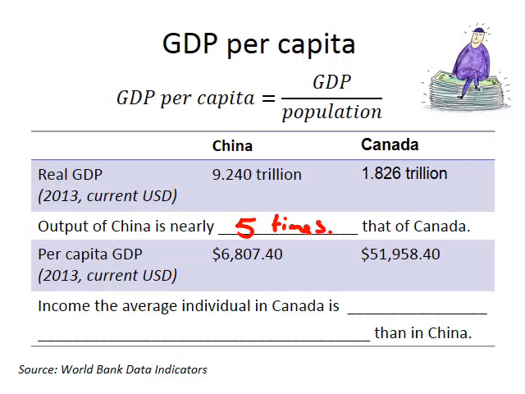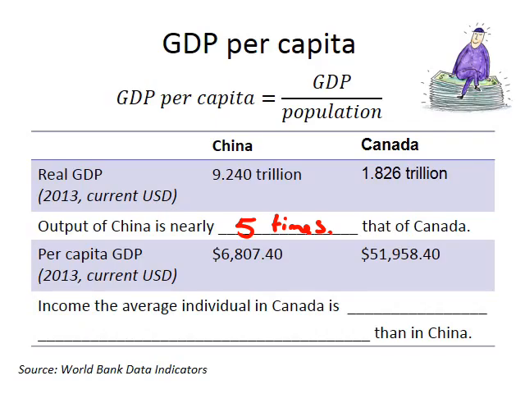But if you look at the per capita GDP, so this is where you take the overall GDP and divide it by your population. We know, of course, China has a very large population, Canada much smaller. We see that the GDP per capita is roughly 6,800 for China, and for Canada it's almost 52,000.